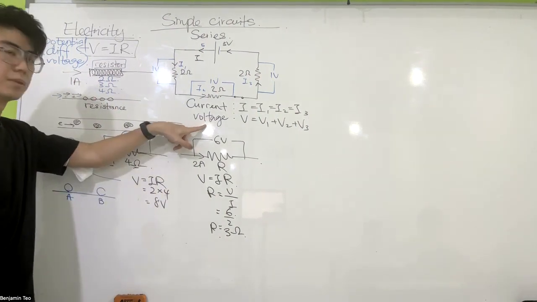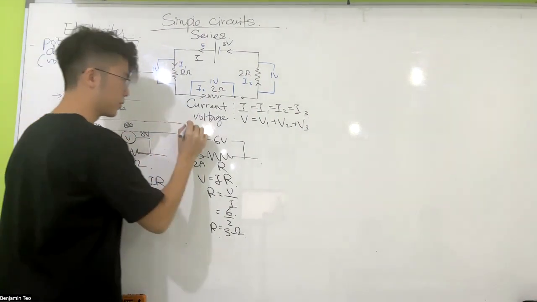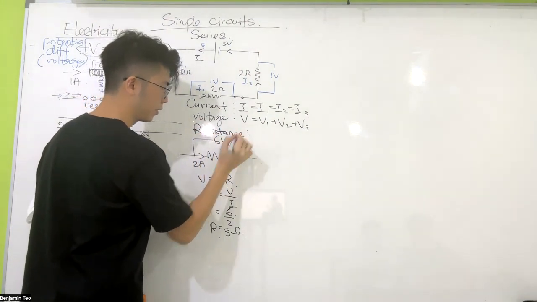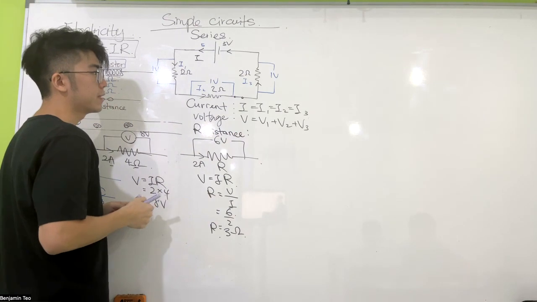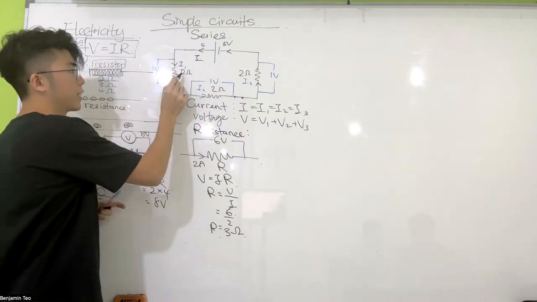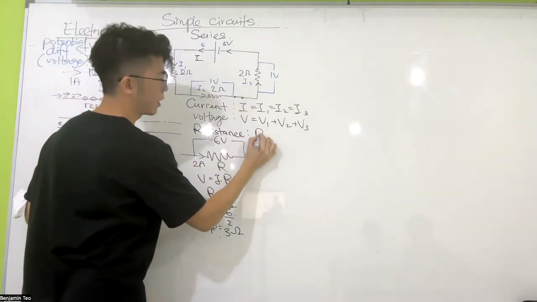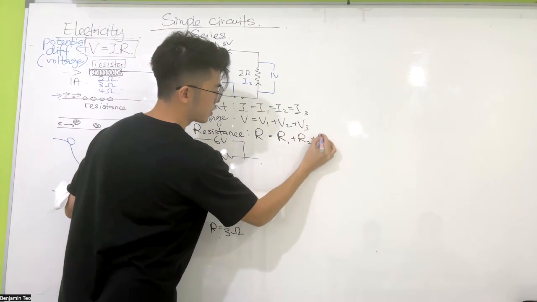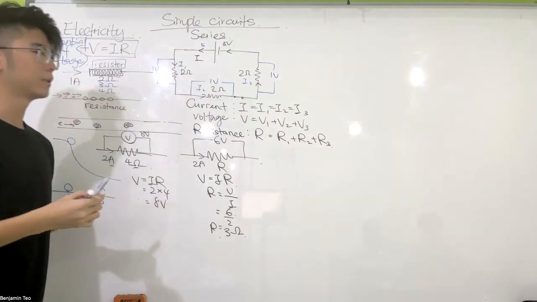Okay. Third one, last one, is resistance. The total resistance of your circuit is this plus this plus this. R total is R1 plus R2 plus R3.